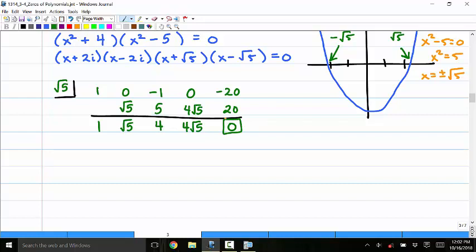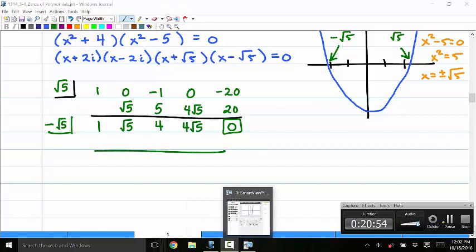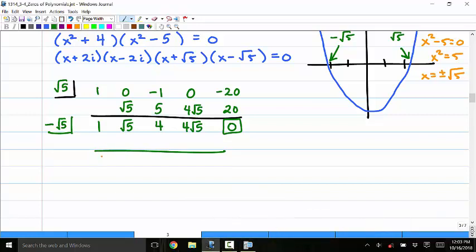Because I saw symmetry on that graph, what's another number that I can try over here? Negative root 5. Go do it. Okay, here we go. Bring down the 1. 1 times root 5 is negative root 5. I get 0. 0 times negative root 5 is 0. 4 times negative root 5 is negative 4 root 5.